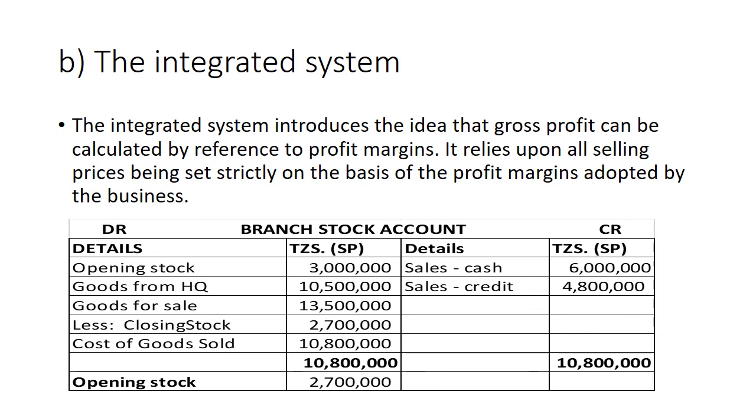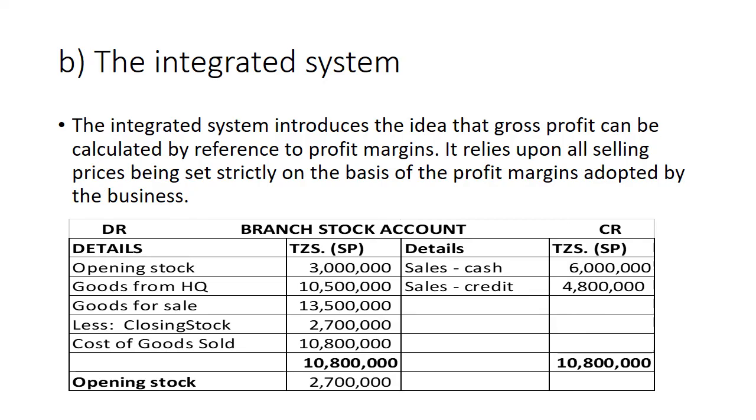But again, we have an integrated system. The integrated system introduces the idea that the gross profit can be calculated by reference to profit margin. So it introduces the gross profit. Instead of matching everything on a branch stock account, keeping a column for selling price and a column for actual costing, we may have a separate profit margin.